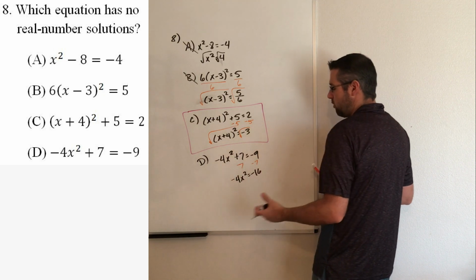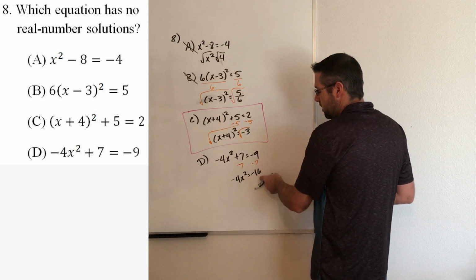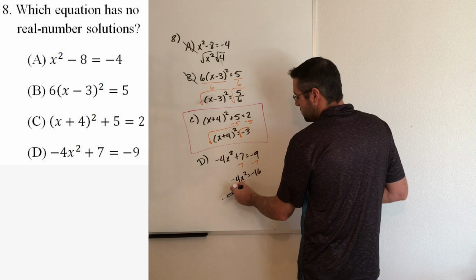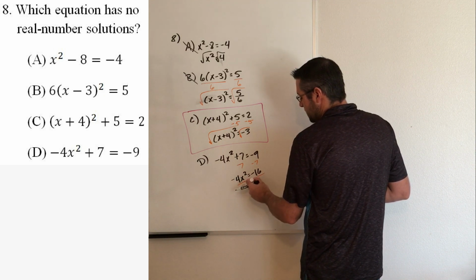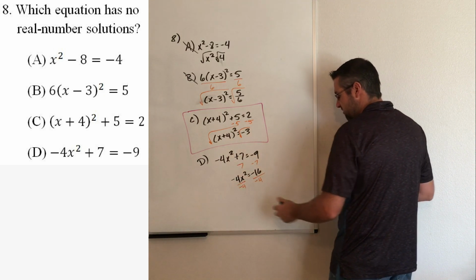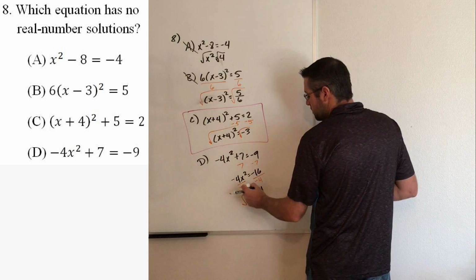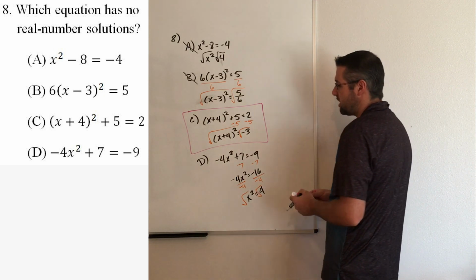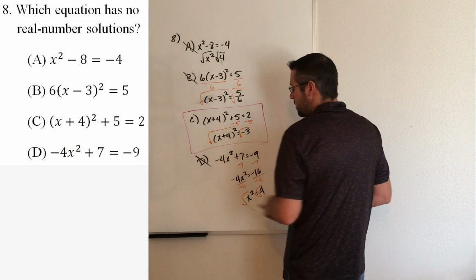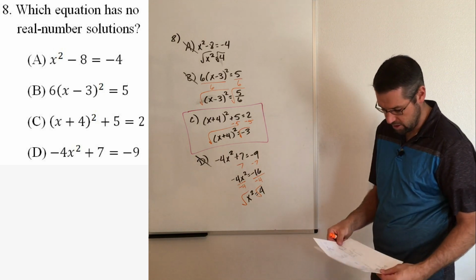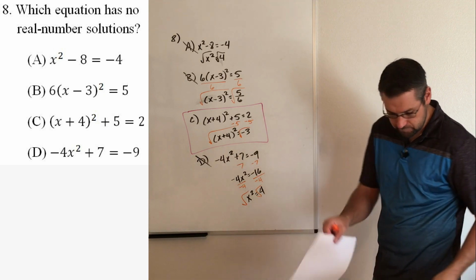And some of you might be going, well, that's a problem because there's x squared and I've got a negative. But remember, we've got to get rid of that a value first if we're just solving by isolating x. So we're going to divide by negative 4. We end up with x squared equals positive 4. And again, when I go to square root, the square root of a positive number is real. So therefore, that produces 2 real solutions. So our only answer here is C.